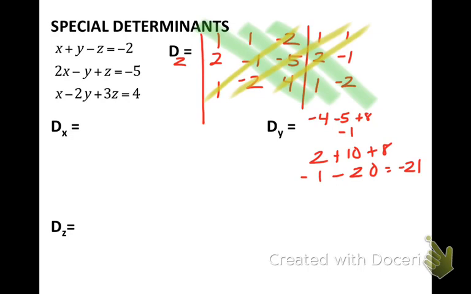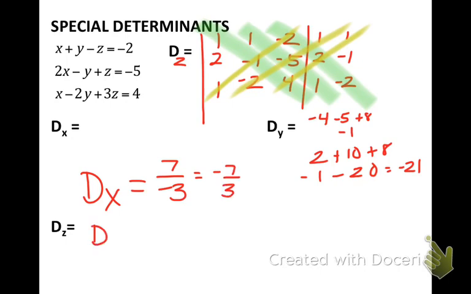So any guesses how we would get our x, y, and z? My D's. Oh, 7/3. Yeah, so let's do our D of x first. 7 over negative 3, which would just be negative 7/3.